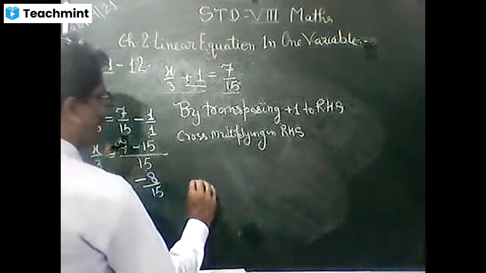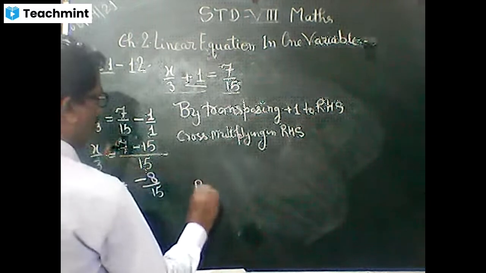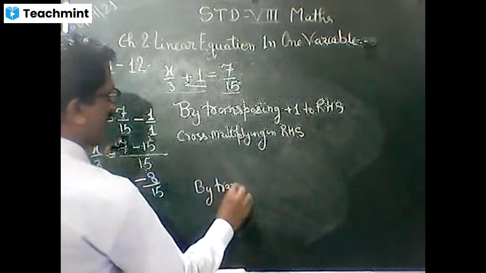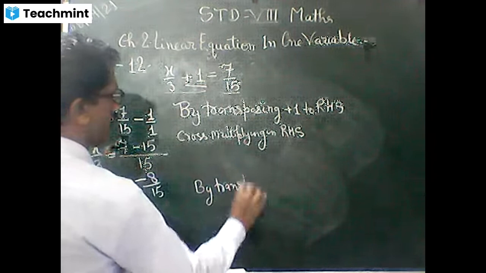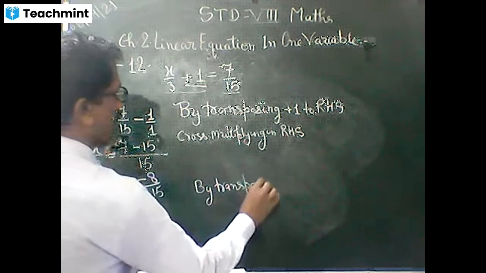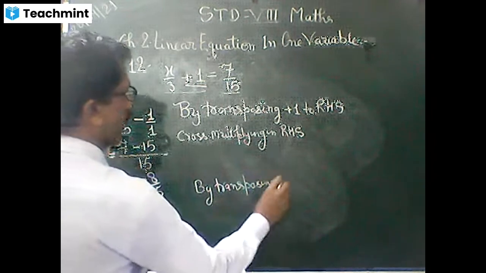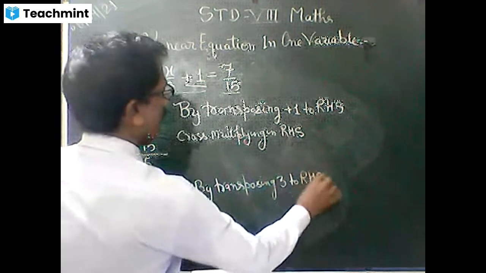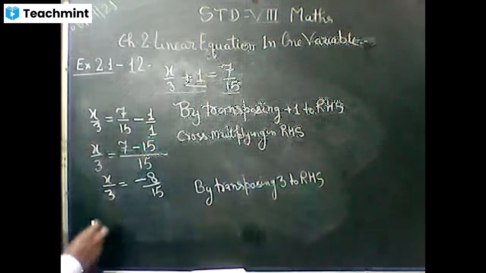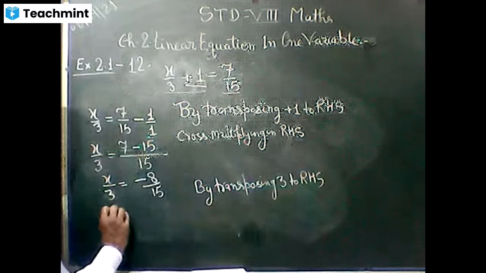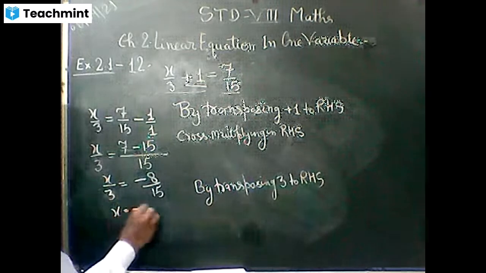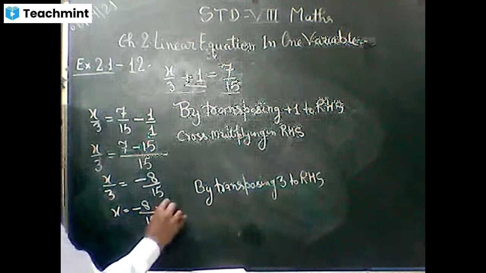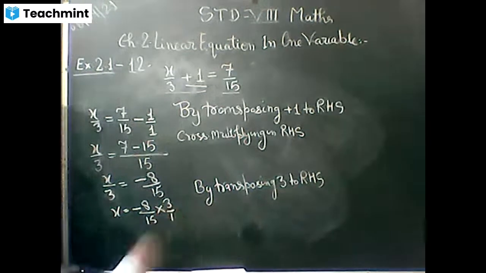Now we also transpose 3. 3 is in divided form, so we move it to the right hand side. If 3 is divided, then it becomes multiplied. So x equals minus 8 by 15 multiplied by 3, and you can write 3 by 1.